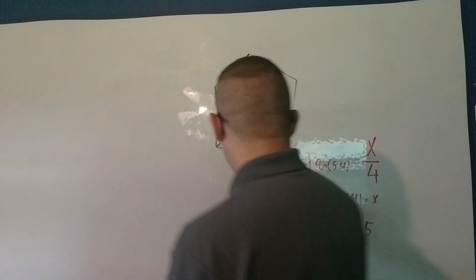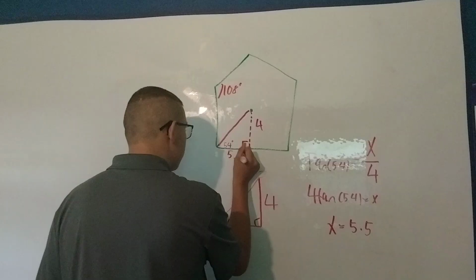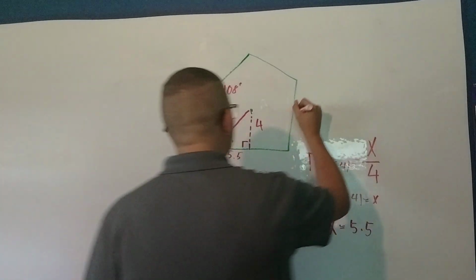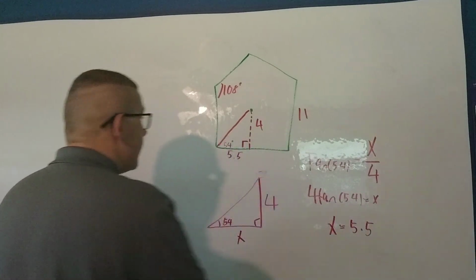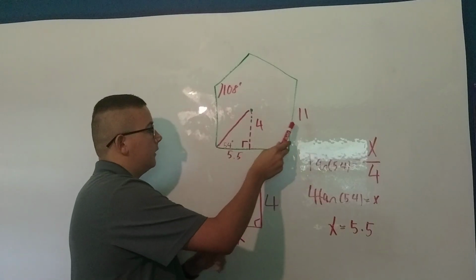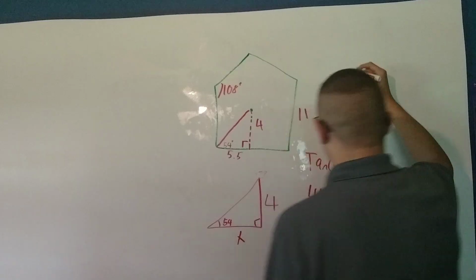So then we can put in here, back on our triangle, 5.5 is half of that side. So twice that is 11. So we know one side is 11. Then from there we take the perimeter. We do 11 times 5, which is 55.